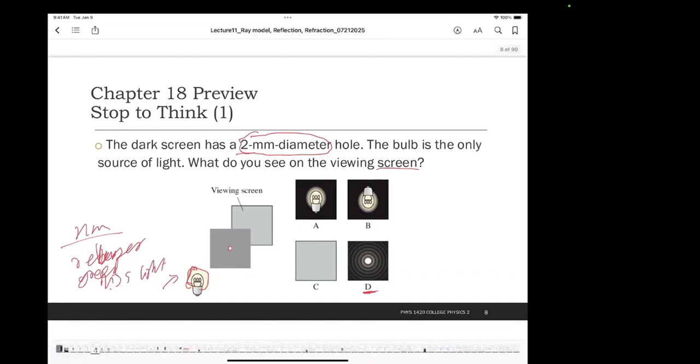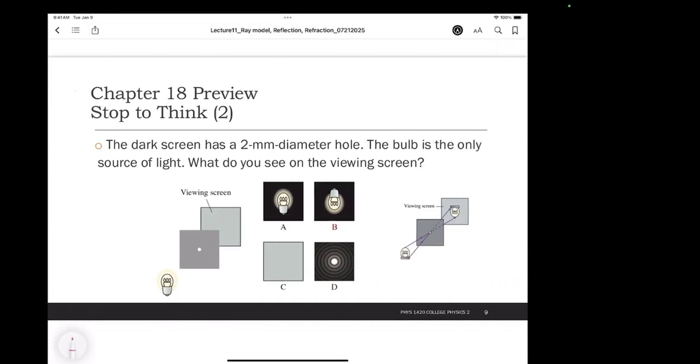Actually, the right answer is B. You can see it will be opposite: in the viewing screen you can see the original light source, but flipped. So the right answer should be B, and we will know why after we learn everything in this chapter.